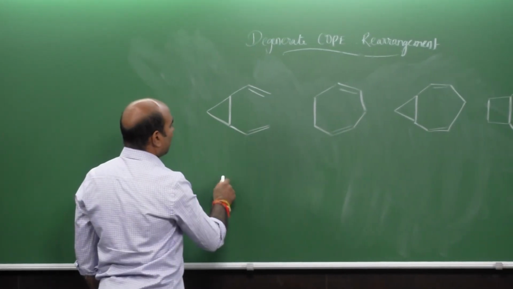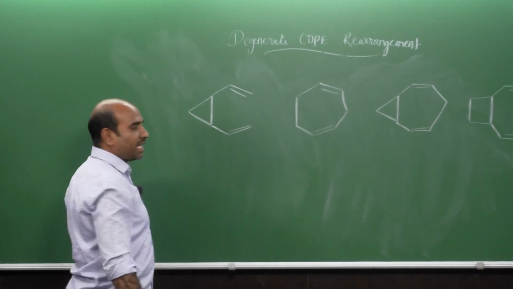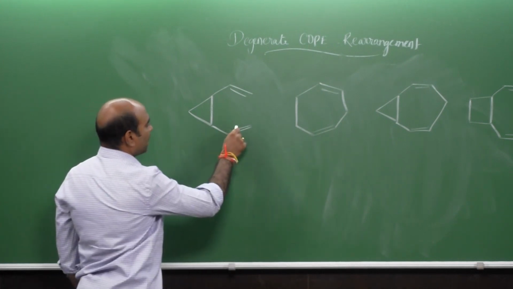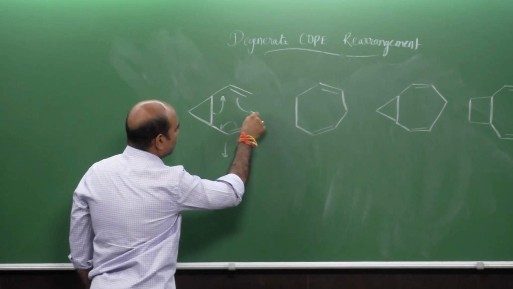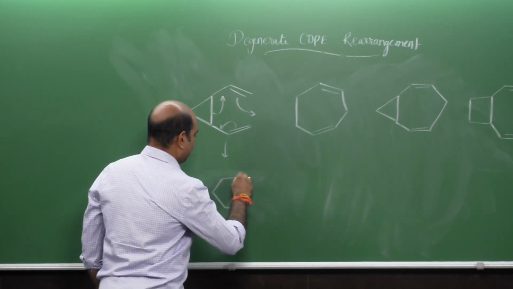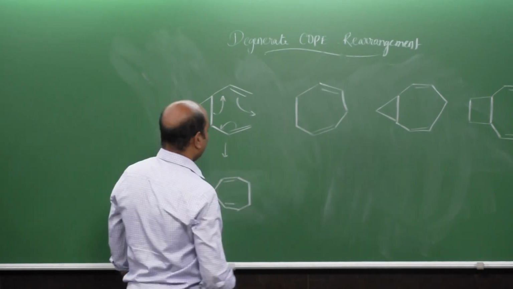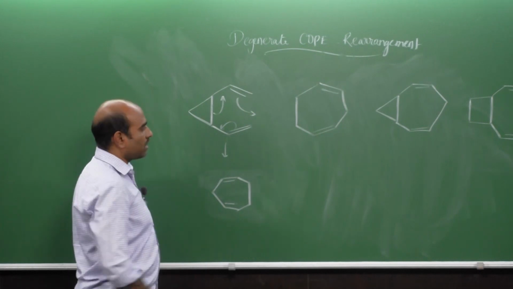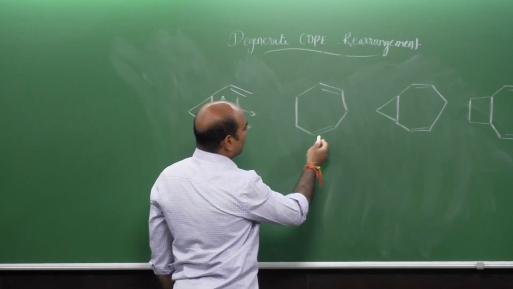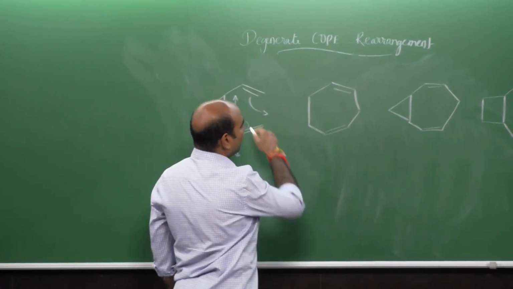Instead of the chair-like transition state, it undergoes the reaction via the boat-like transition state and the product will be like this. So, if it is moving here, you will be getting a 7-membered structure which is similar to this one. This again can undergo the 3,3 sigmatropic rearrangement and gives a product similar to this one.